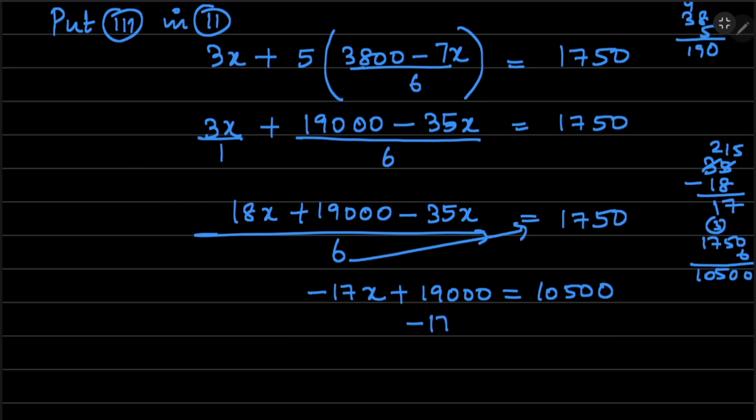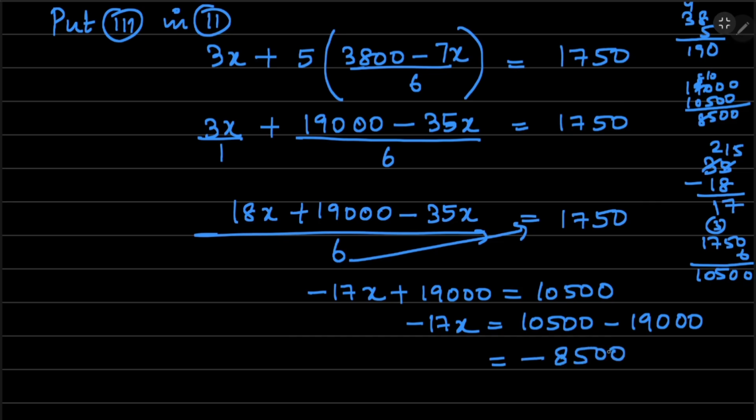So what is minus 17x equal to? 10,500 minus 19,000. Right? You can just solve 19,000 minus 10,500. So you get 8,500. Minus, because the greater number has a negative sign, minus 8,500. Here you will have minus 17x.